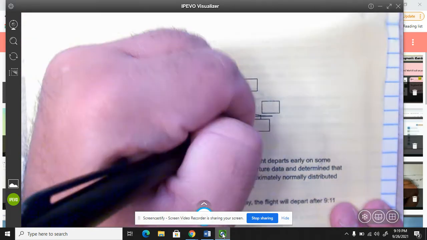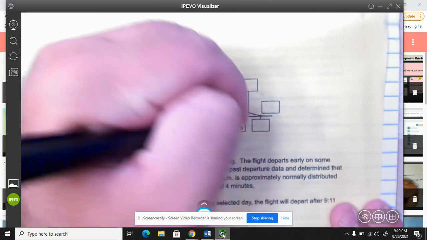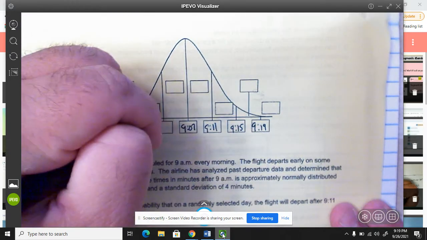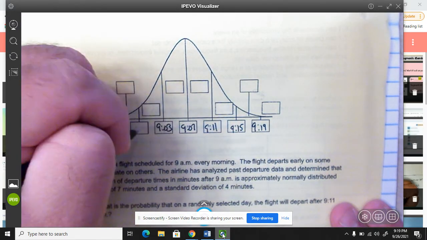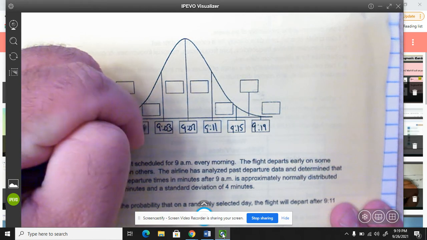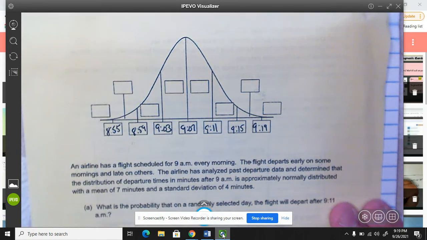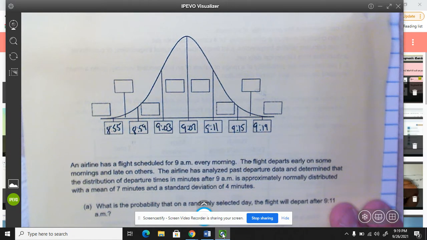Then 9:11, and you're going to go up by 4 minutes or down by 4 minutes. 9:03, 8:59, 8:55. Okay? So be sure you're looking at that closely.